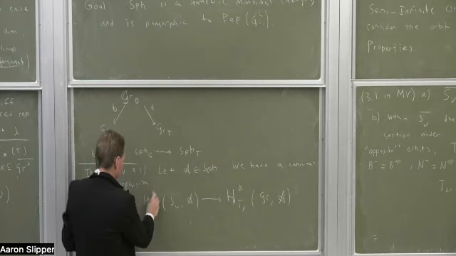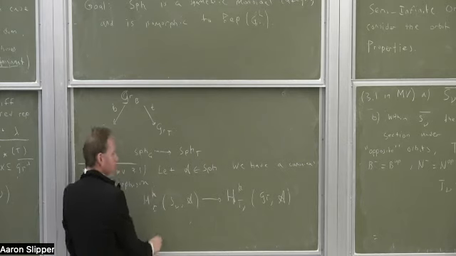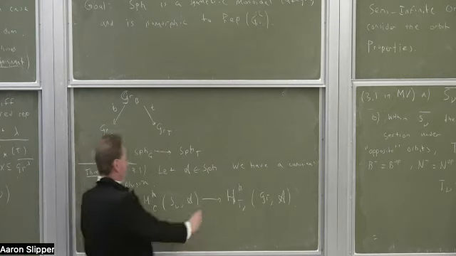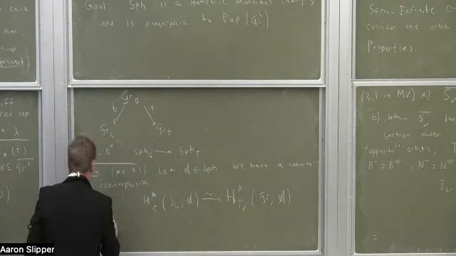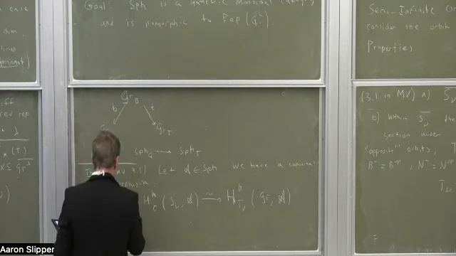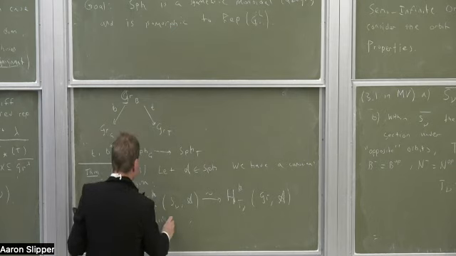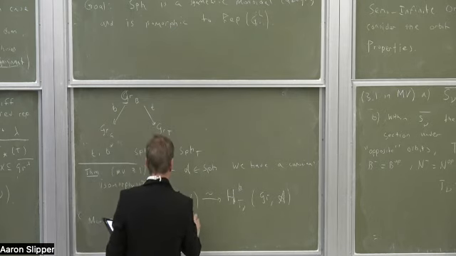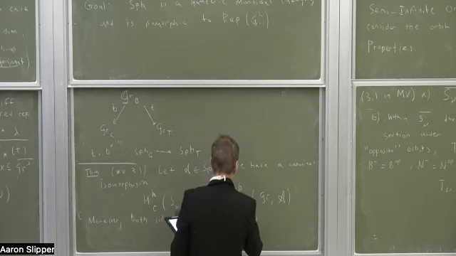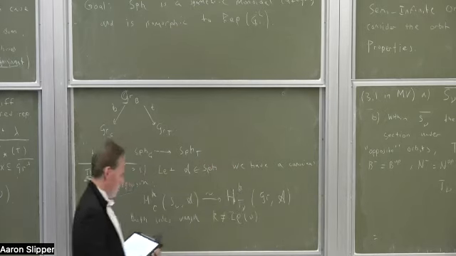This is K, compactly supported. Oh, okay, sorry, sub C. Yes, so this is the canonical isomorphism. And moreover, both sides vanish if K does not equal to rho U.